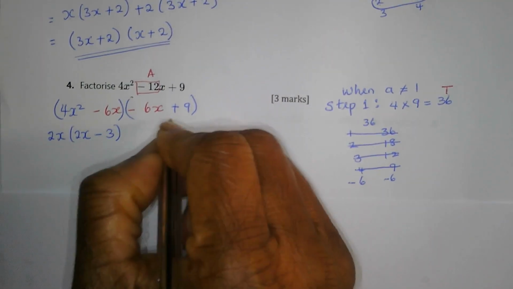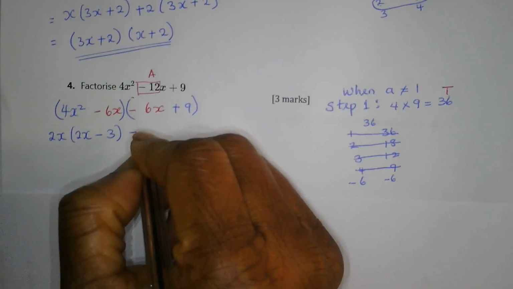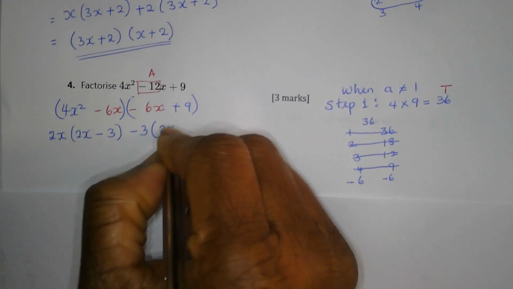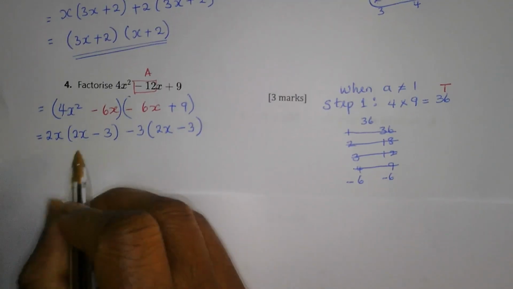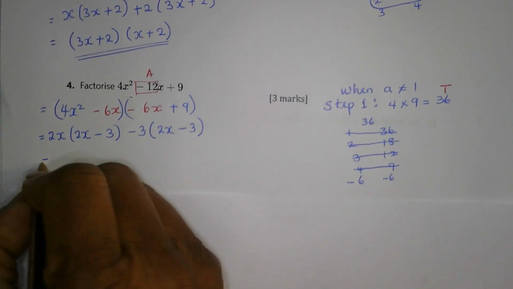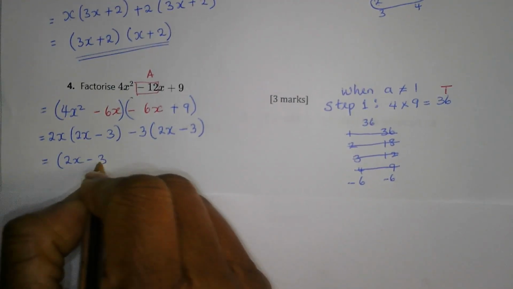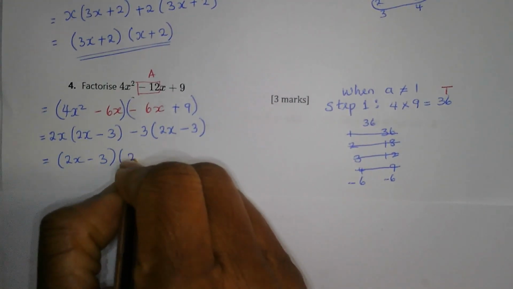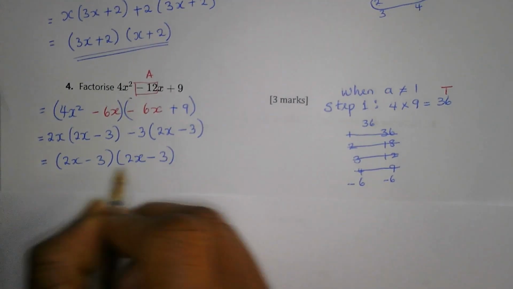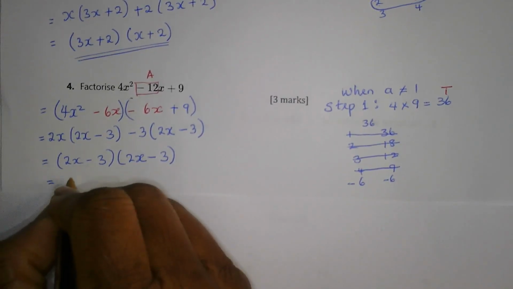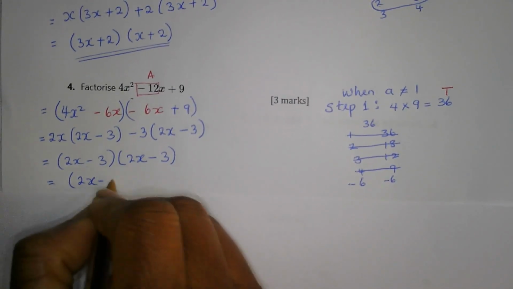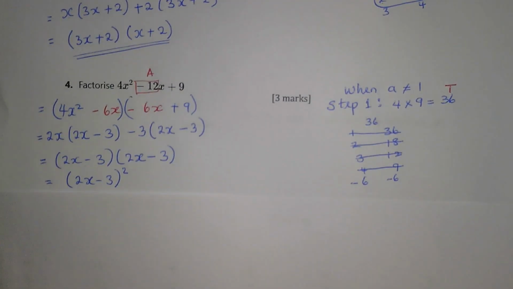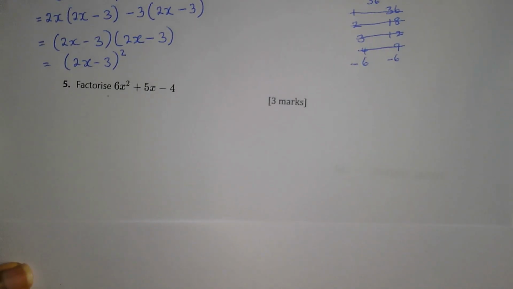And on the second bracket, we would have minus 3, open bracket 2x minus 3. Now take one of the identical brackets and write it out, 2x minus 3. And take the bits that are not inside brackets and enclose in brackets, 2x minus 3. Since they are exactly the same, you can just write them as 2x minus 3 squared. And that's it.